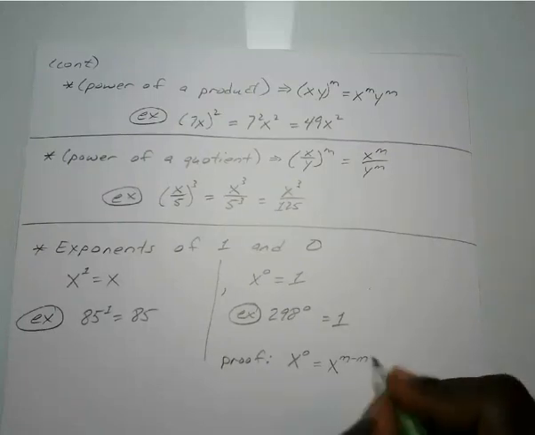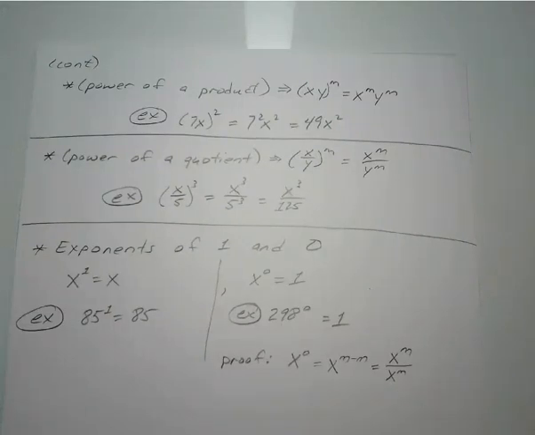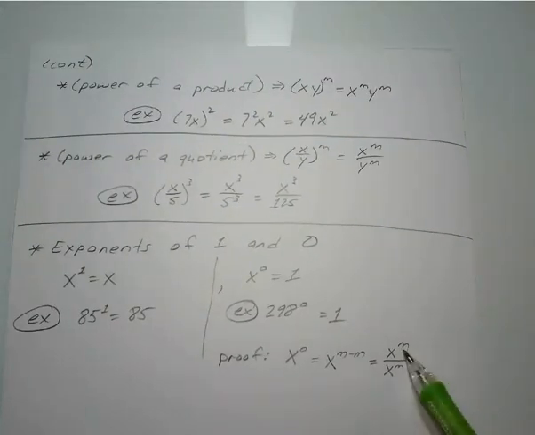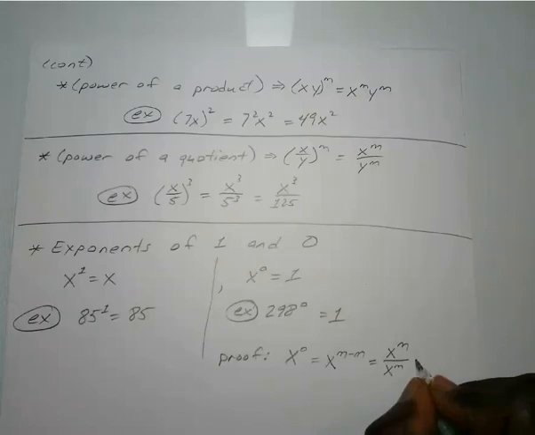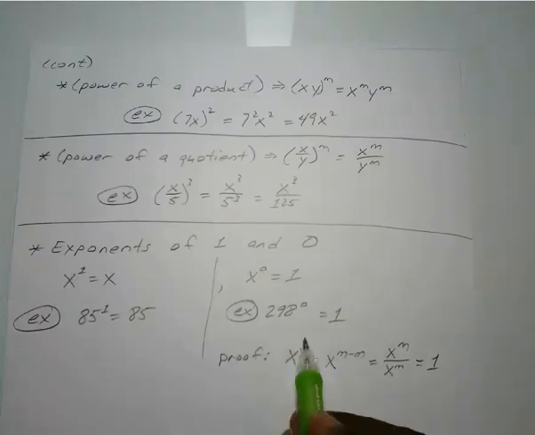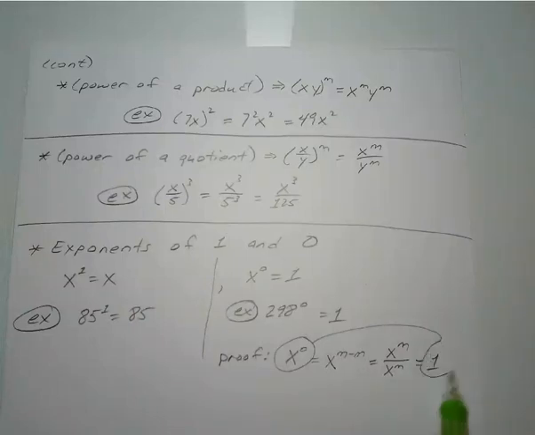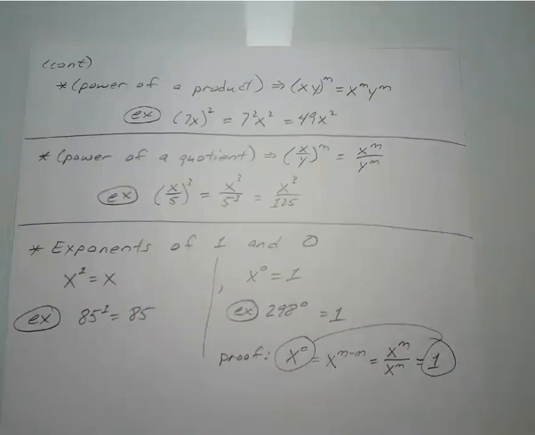We already know anything divided by itself will always equal 1. That's why x to the power of 0 will always equal 1. Anything to the power of 0 will equal 1.